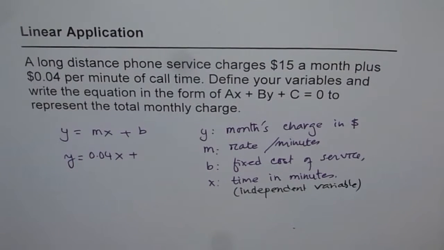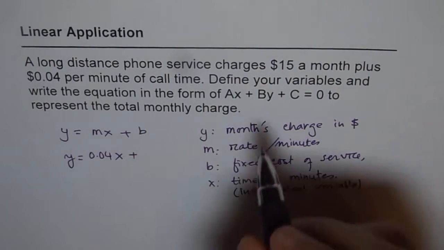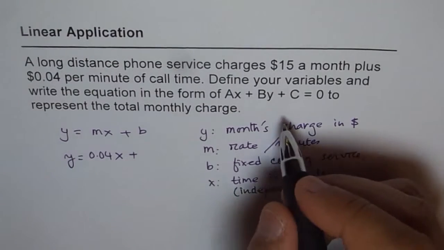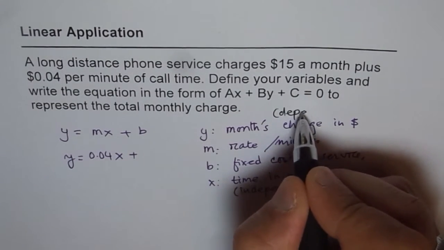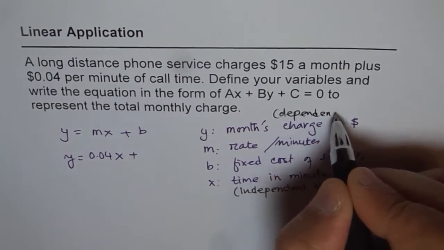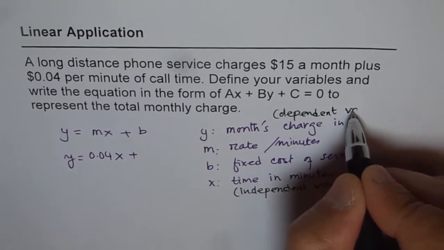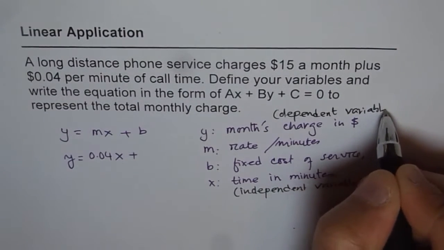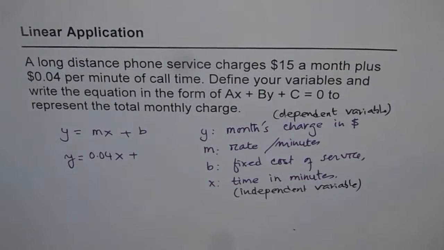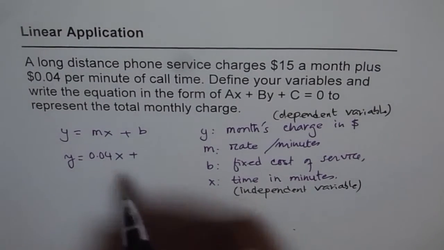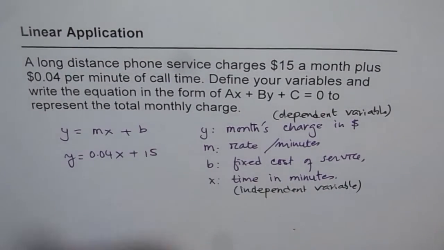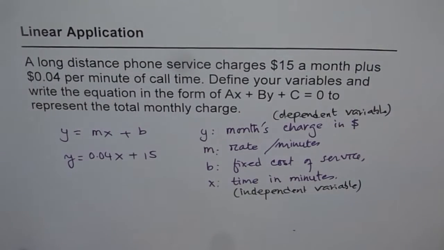Depending on how many minutes you use, you get charged, and y is therefore the dependent variable. Correct? So that is how it is. So the fixed charge is $15. We'll write 15 here. So we get our equation.